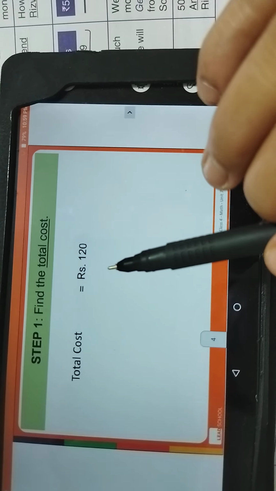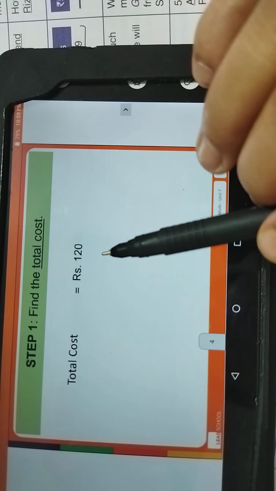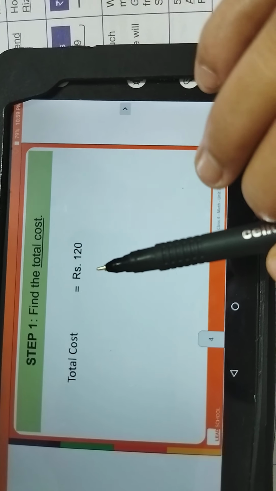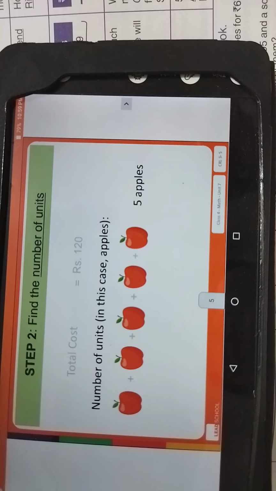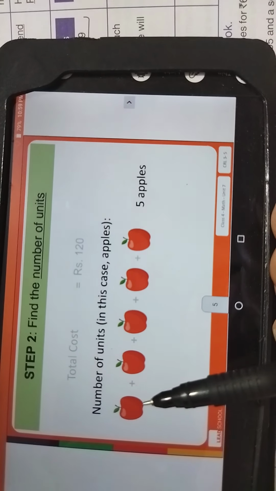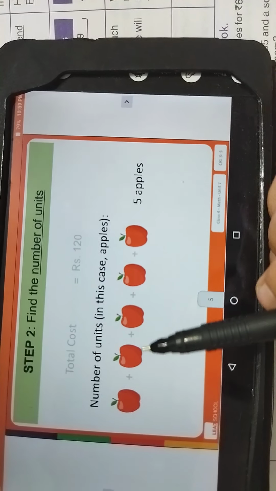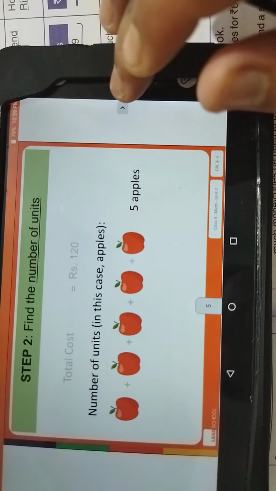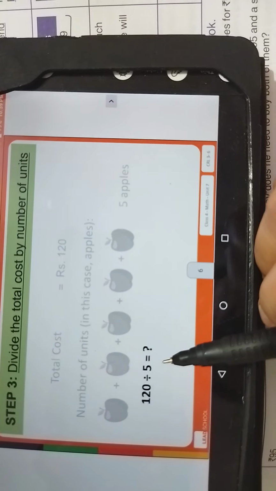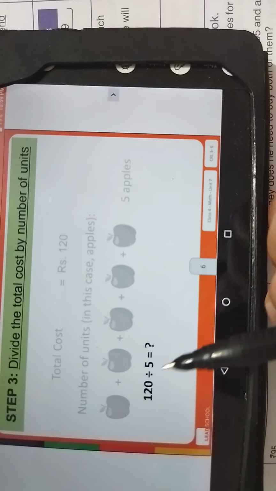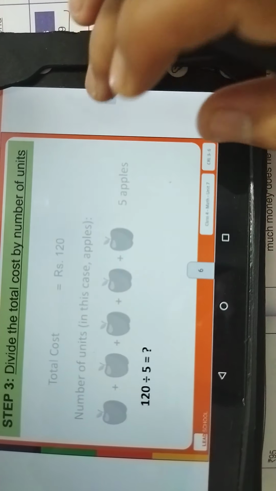Let's find out. Total cost is equal to ₹120. Then number of units. How many are there? 1, 2, 3, 4 and 5. 5 apples are there. Then 120 divided by 5. What we have to do? 120 divided by 5.